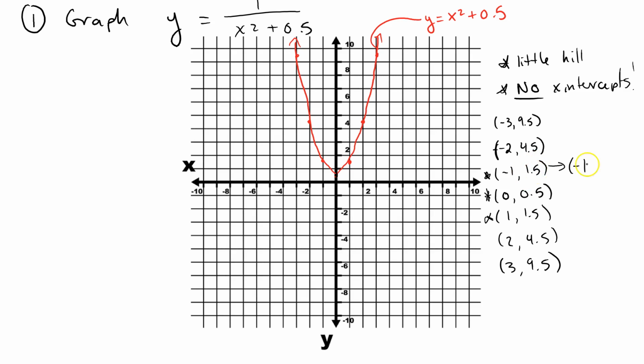So we're going to take this one, negative 1 for my x, that's cool. And I'm going to say 1 over 1.5, because we're going to take the reciprocal of the y. And we're going to take negative 1, 0, 1 over 0.5. And this one is going to be 1, 1 over 1.5.